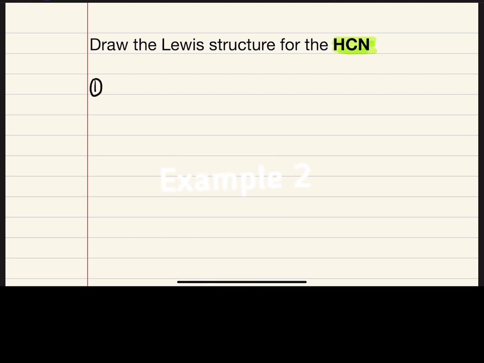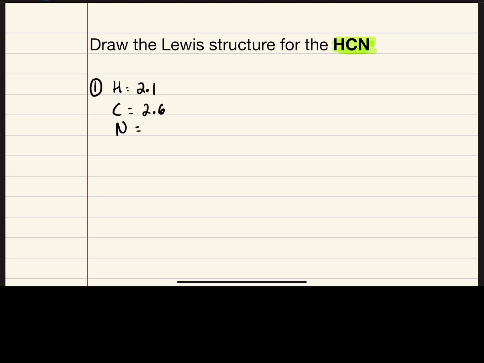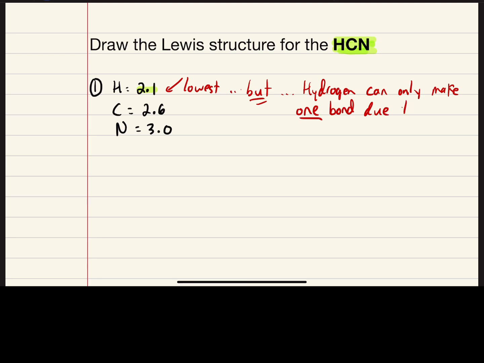Now for the second example, we're going to draw the Lewis structure for hydrogen cyanide, or HCN. So like we did the first time, we're going to list all the electronegativity values of each of the atoms involved. And we're going to pick the lowest and put it in the center. So in this case, hydrogen is the lowest, but hydrogen already having 1 electron in its first shell will fill up after just receiving another electron.